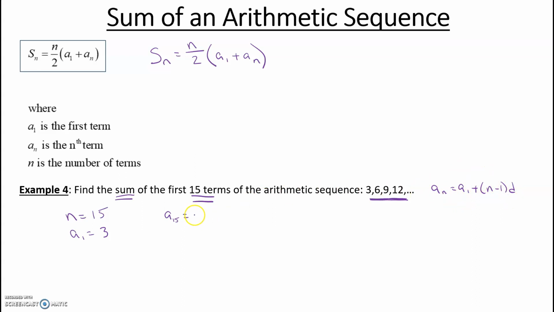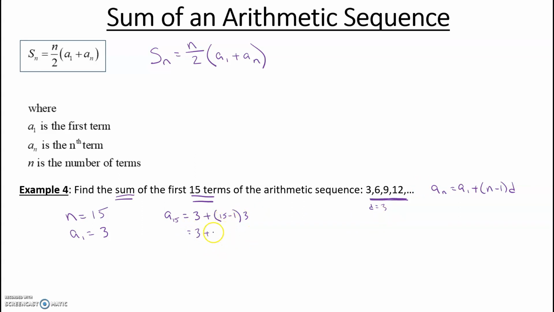So what do we got? The first term is 3, plus n minus 1, so 15 minus 1. And then my common difference. So 3 to 6, we did plus 3. So our difference is 3. To 9, plus 3, plus 3, plus 3. So our common difference is 3.